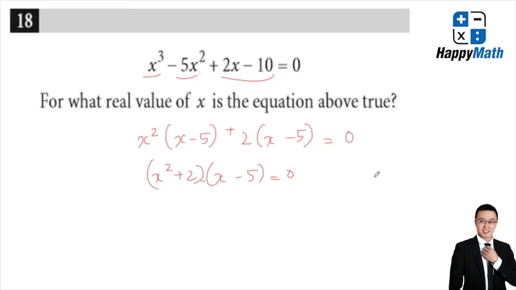It's quite easy to solve now, because this bracket cannot be equal to 0, because x squared is always greater than or equal to 0, so x squared plus 2 has to be greater than or equal to 2. So it cannot be equal to 0. Just the remaining bracket, x has to be equal to 5, for this equation to be equal to 0. So the final answer for this one is 5.